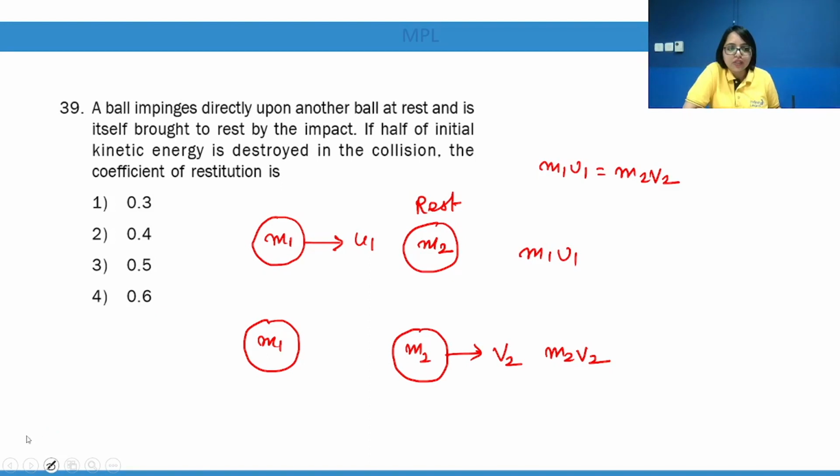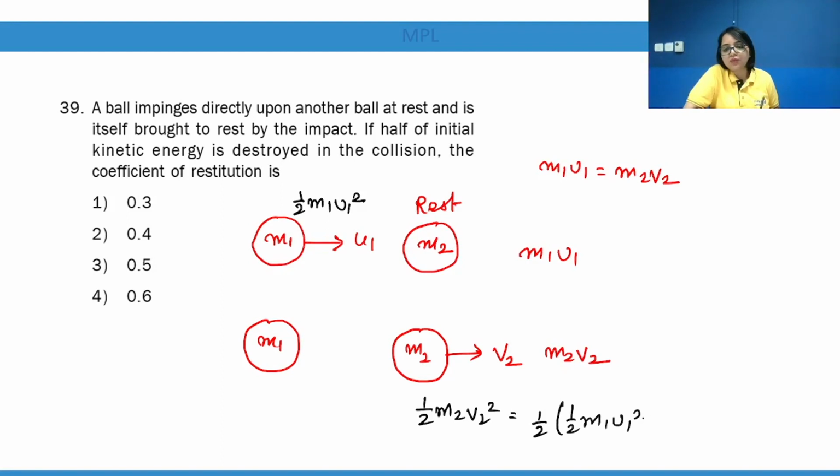Initial kinetic energy will be half m1 u1 square, and half of this kinetic energy is converted into the kinetic energy of m2. So you can write half m2 v2 square is half of half m1 u1 square. So using this equation 2 and this equation 1, you can find the ratio of v2 by u1. So let's find it out. We have m2v2 which is equal to m1u1.